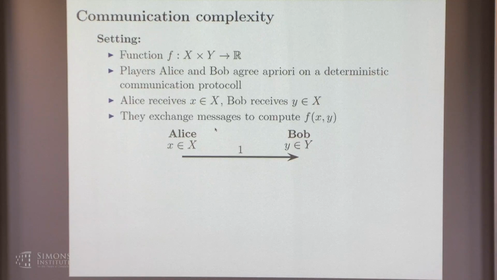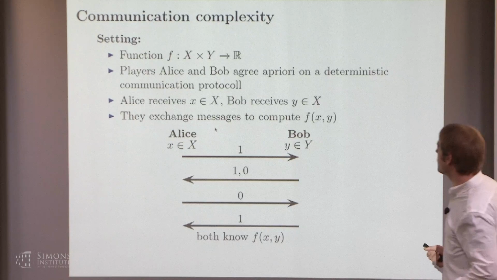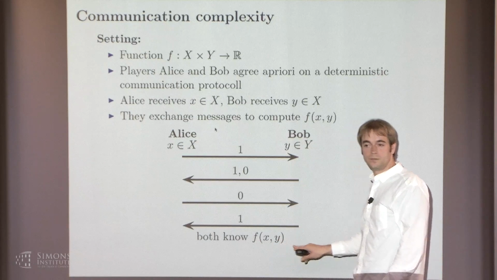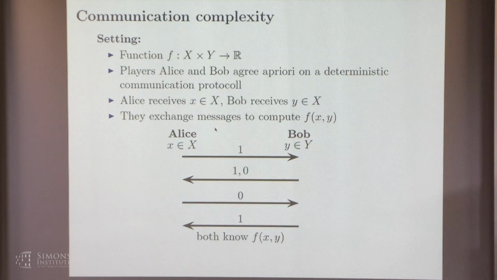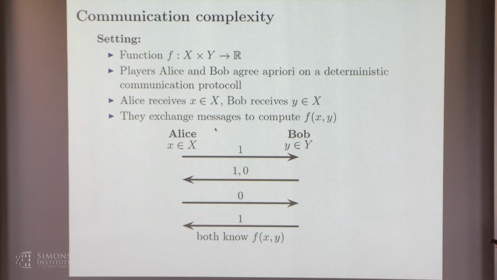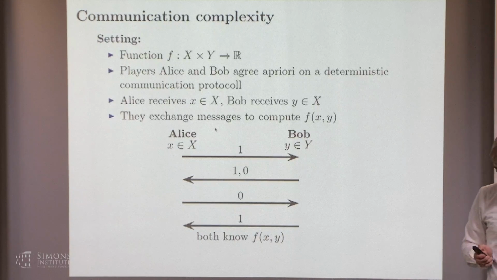And what they can do is they can send bits to each other. And after some number of bits, they should both know the value of the function. There are some differences in whether there's randomization, whether things should be deterministic, non-deterministic. So this is the general setup in communication complexity.